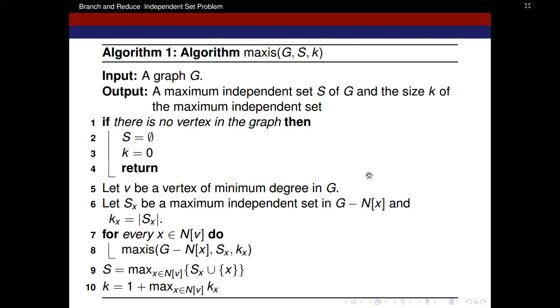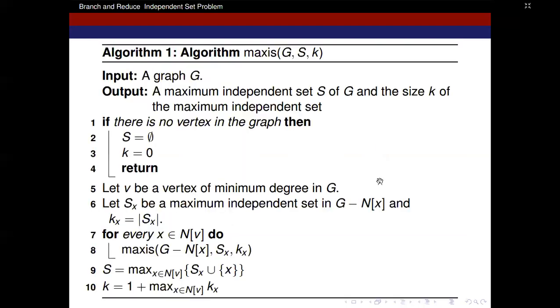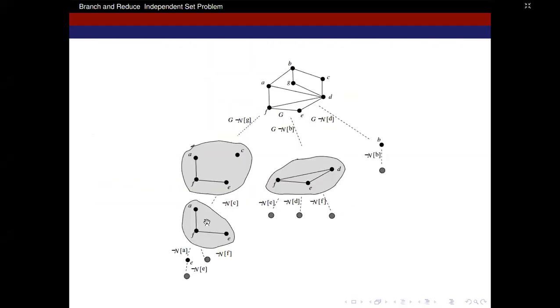Continuing these techniques, here the minimum degree vertex is vertex C, and if we delete its neighborhood, we get this instance.